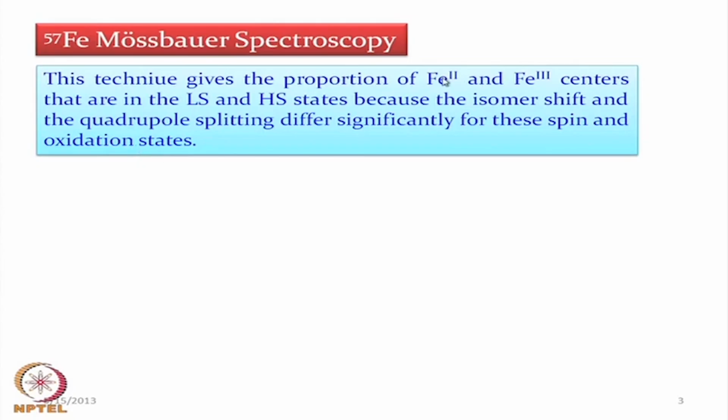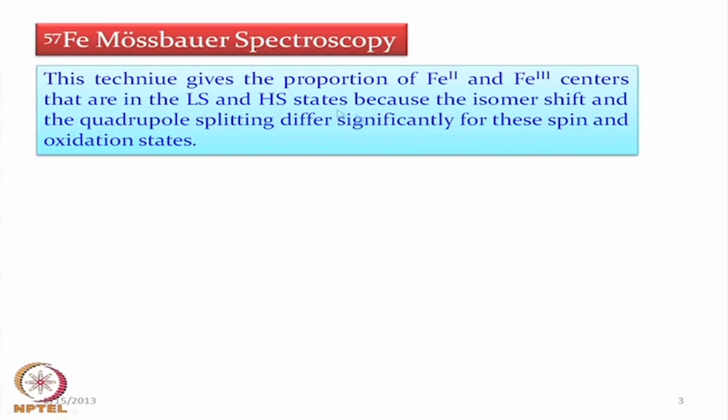So, it is a very nice technique in which iron 2 in Ls and Hs and iron 3 also in Ls and Hs can be handled. That means if a particular compound has both iron 2 and iron 3 centers, as well as high spin and low spin proportions, we should have the corresponding signature in Mossbauer spectroscopy, and whether all four systems, iron 2 low spin or high spin and iron 3 low spin or high spin, are present can be found out.